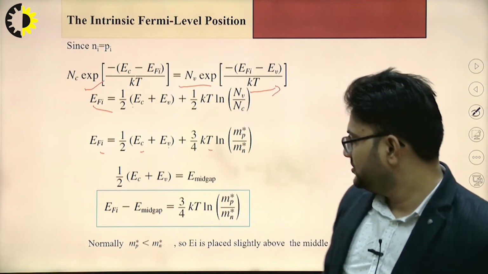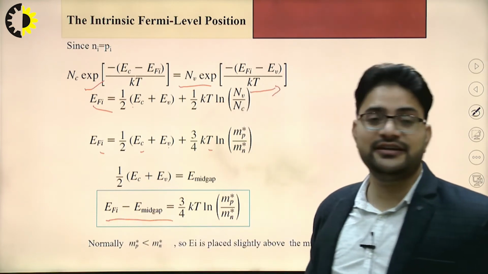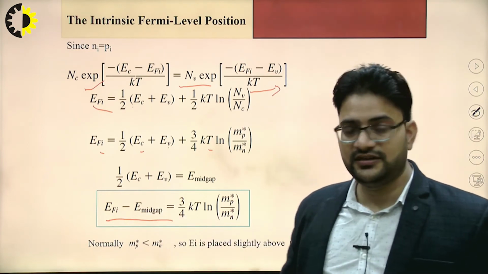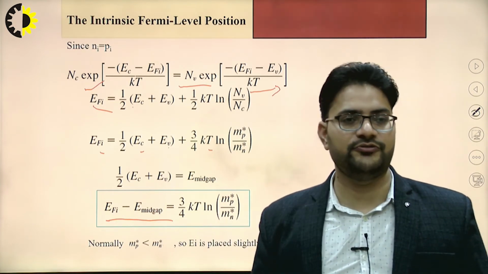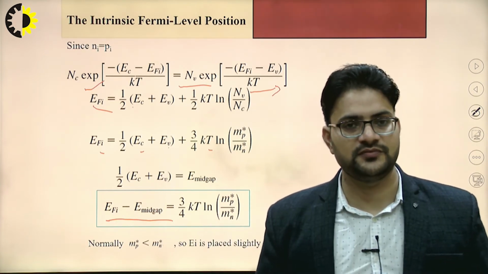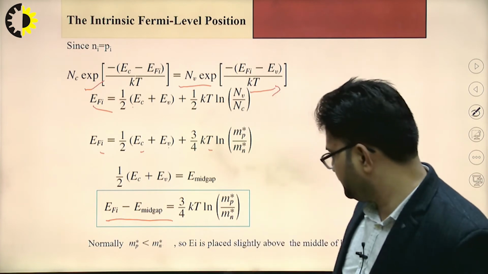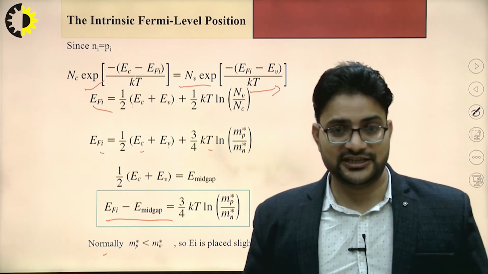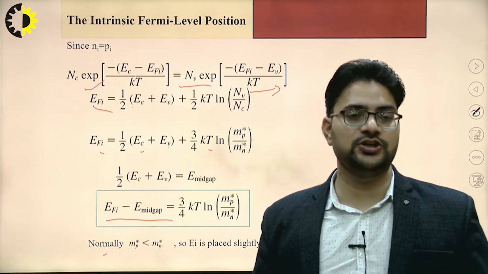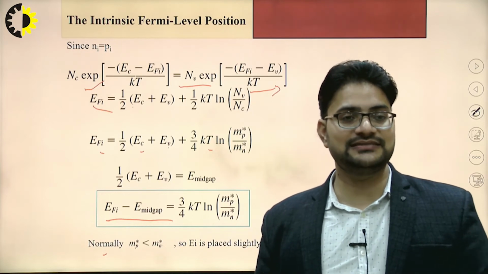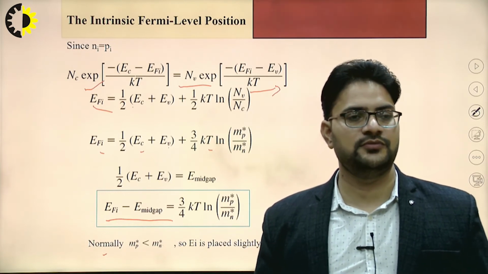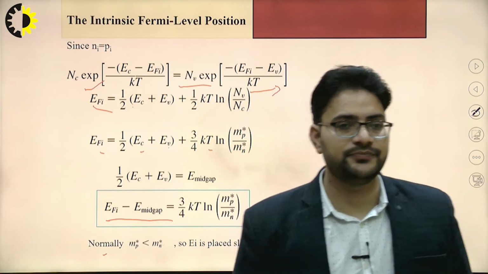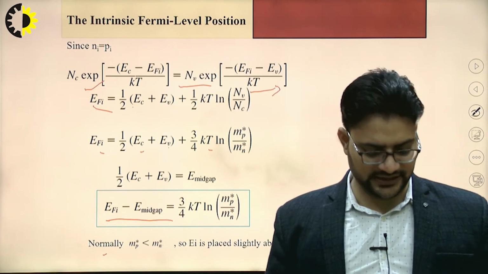So Efi minus E mid gap, I am denoting this as E mid gap, is equal to 3 by 4 kT natural log of mp asterisk divided by mn asterisk. Normally, experimentally and theoretically also, mp asterisk is less than mn asterisk. So Ei is placed slightly above the middle of the band gap.